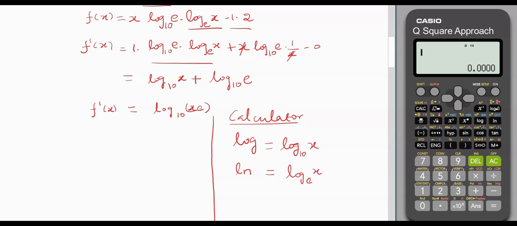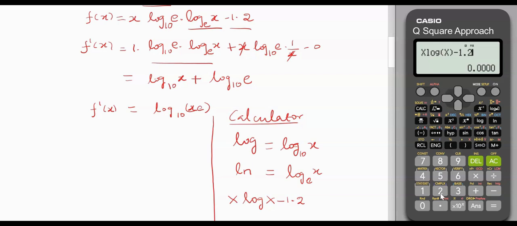Now we'll type in the calculator like x log x minus 1.2, since we have log base 10 x in the problem. So alpha x log alpha x minus 1.2.